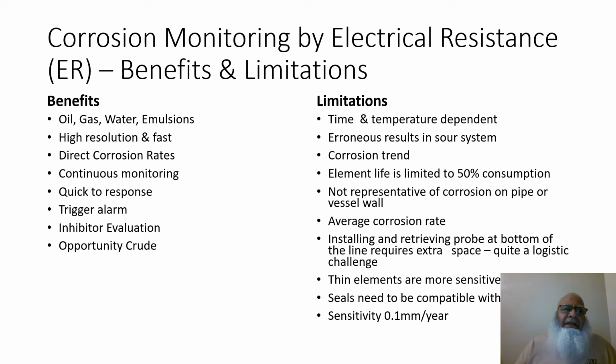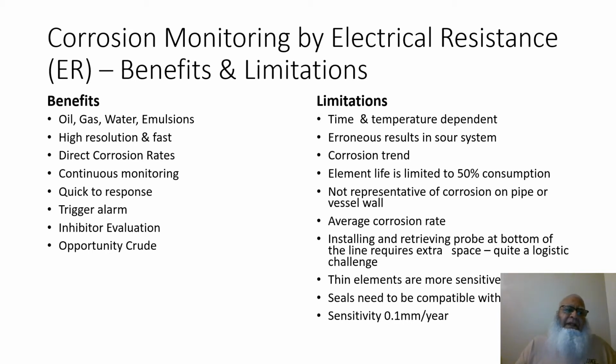It measures the corrosion rates directly. It can be continuous monitoring. It's quick to respond. It can be used to trigger an alarm if the corrosion rate is set in there as a part of your program. It evaluates inhibitors more effectively and faster than the coupons.